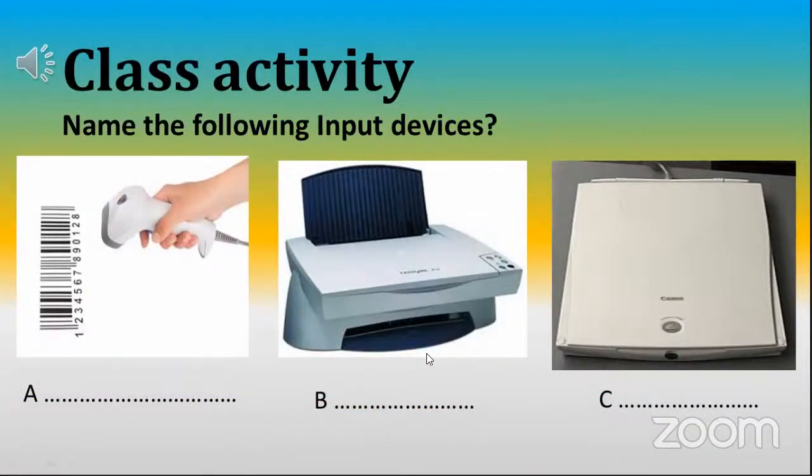Okay, this activity is for both of us. Part A. What do you think is on A? You can raise up your hand. What do you see, or what do you think A is?